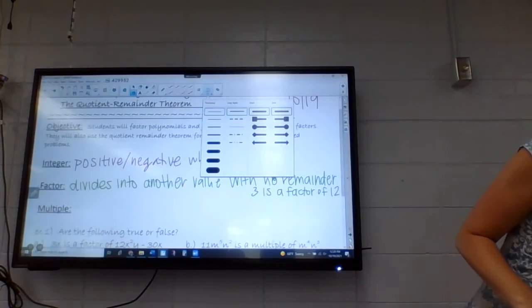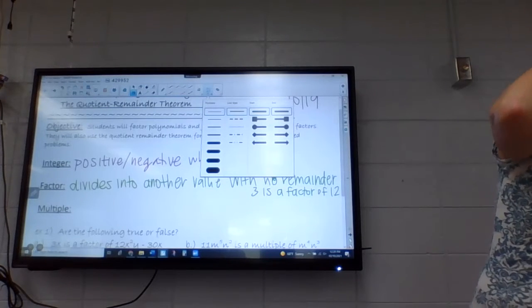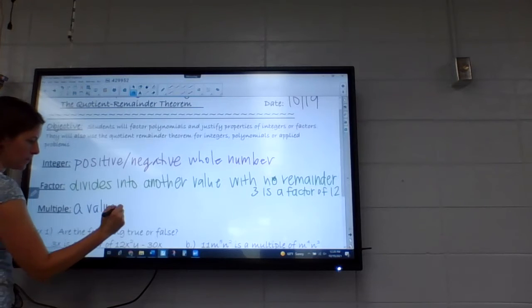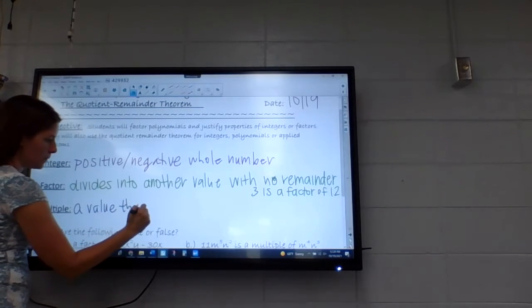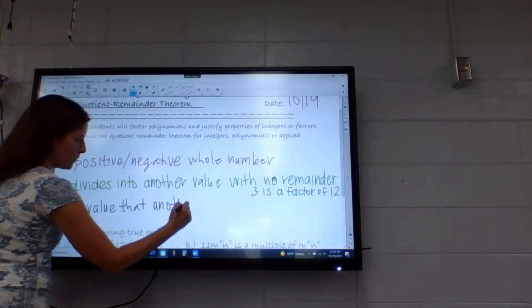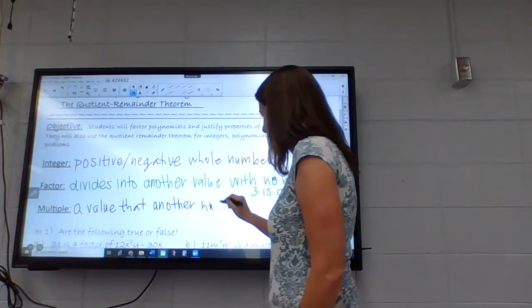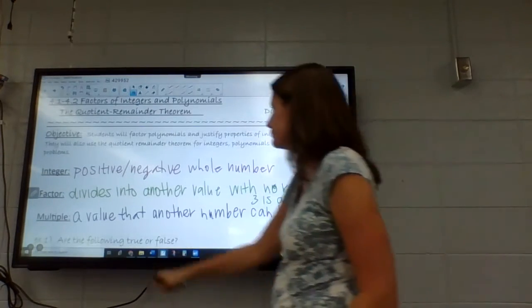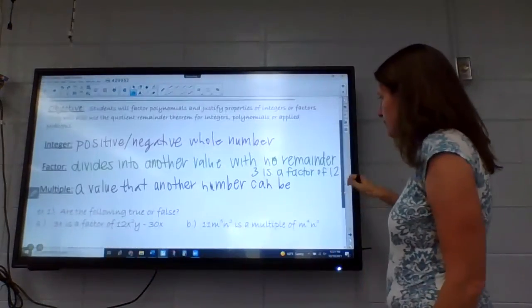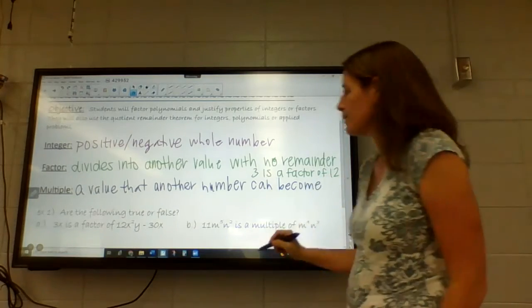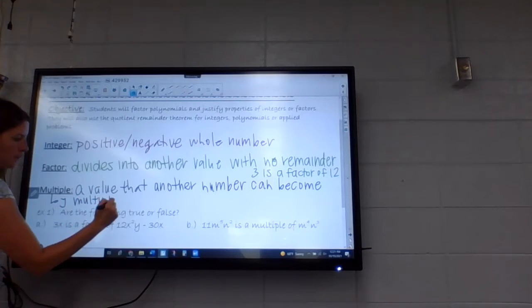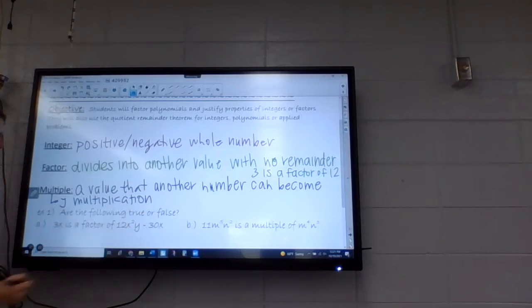So a multiple is a value that another number can become by multiplication.